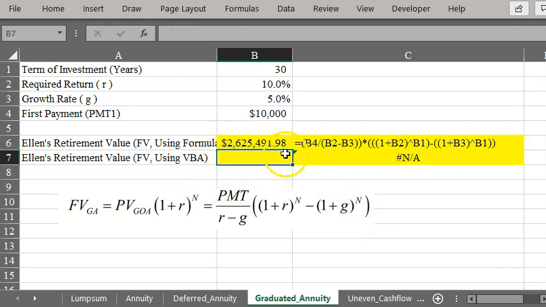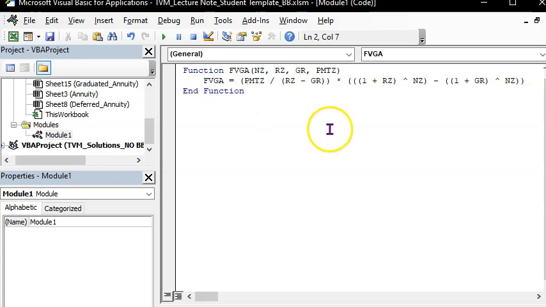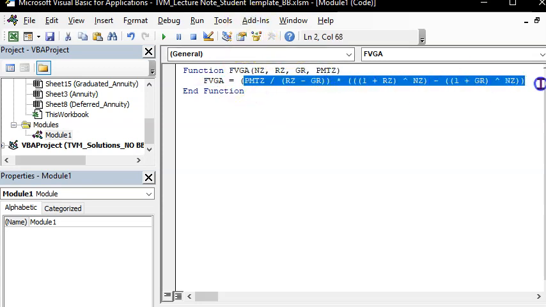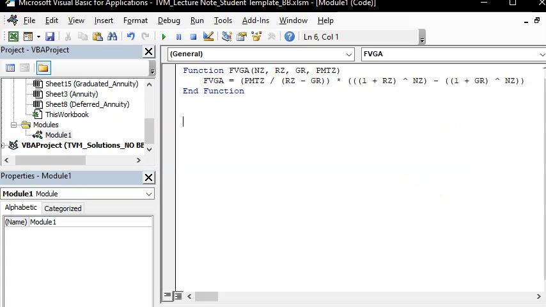Now once you have this formula, you can implement the same using a VBA function, and that's what I will do next. So this is the VBA function. Future value of a growing annuity is equal to the same formula that you see in our lecture note.